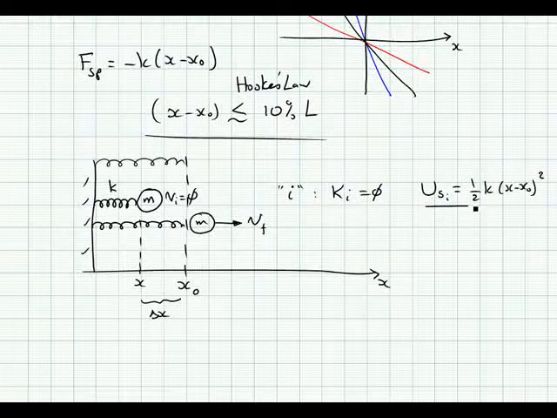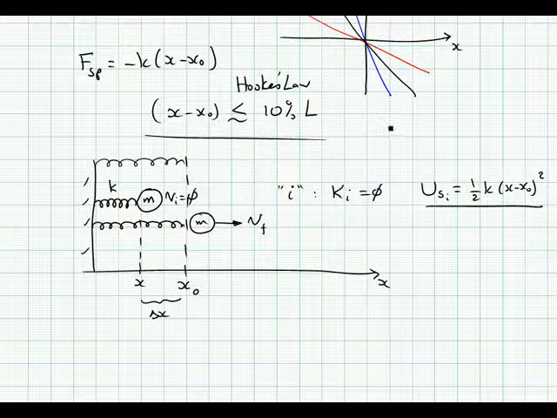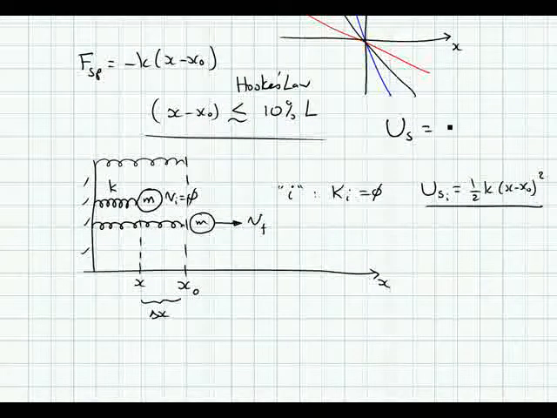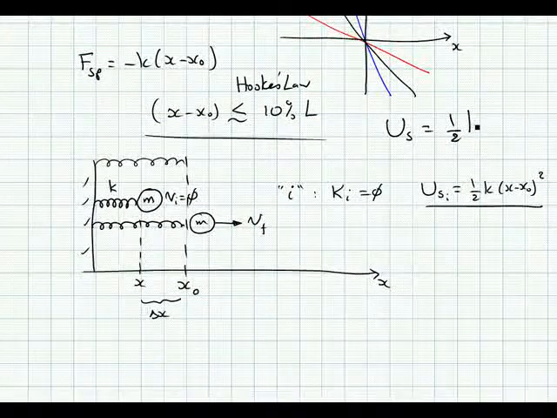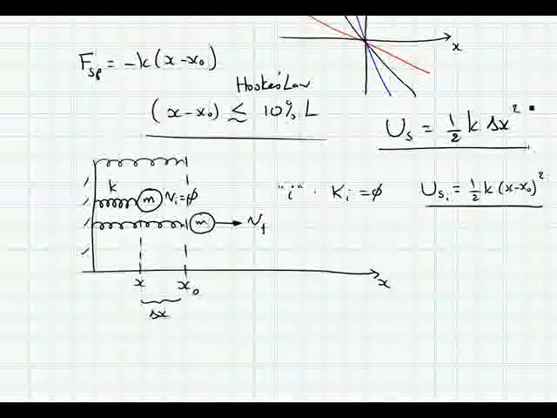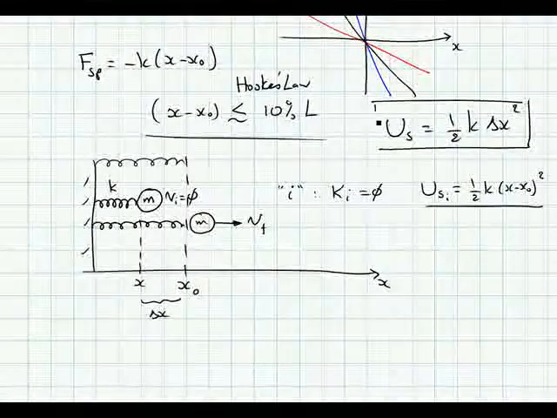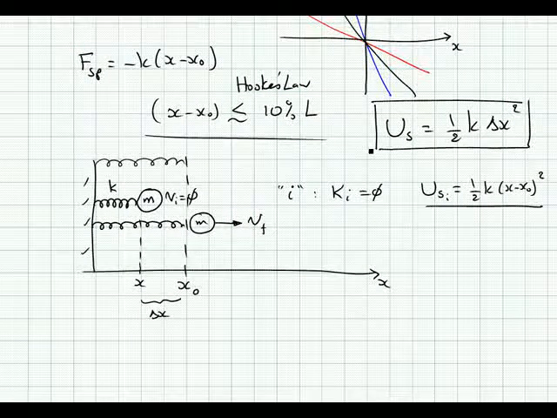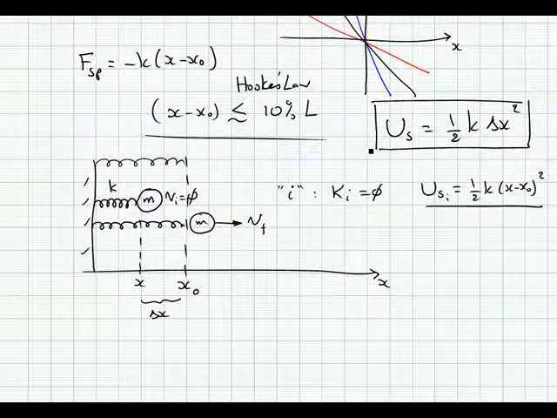This is the expression for spring potential energy. So spring potential energy US is given by 1/2 of k times the square of the compression, or the amount that the spring is stretched by, delta x.